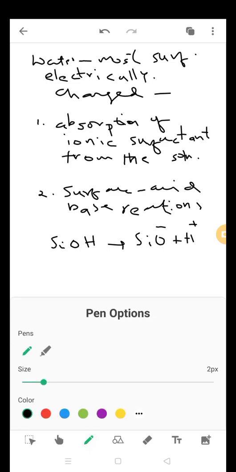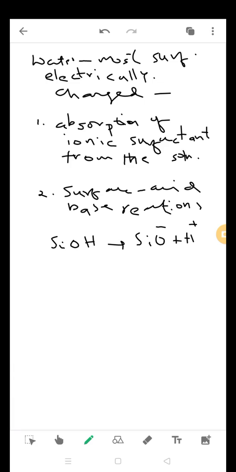So at neutral pH, most oxides have negatively charged surfaces.